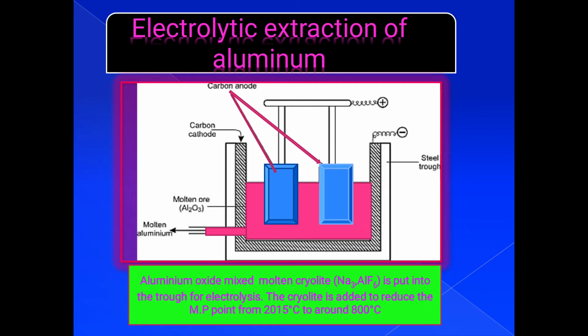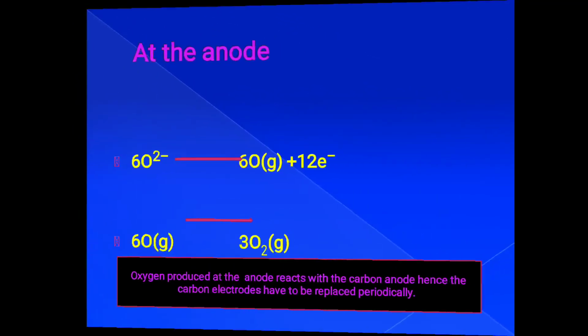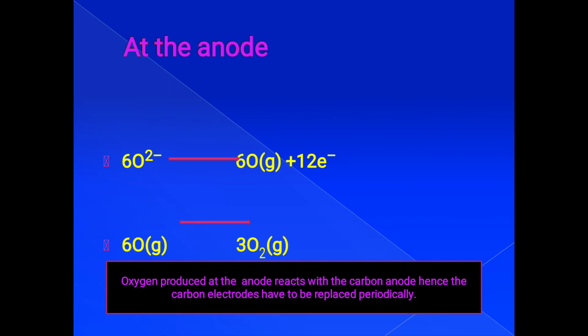So we expect that at the anode, the aluminium ions will not be attracted there. But the oxygen ions from aluminium oxide will be attracted there.